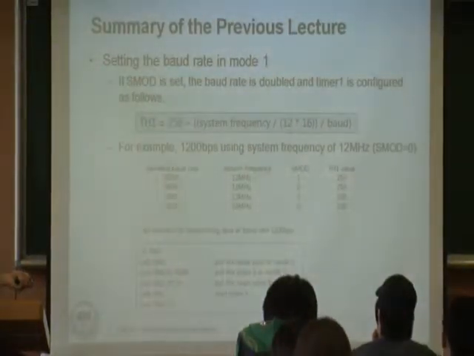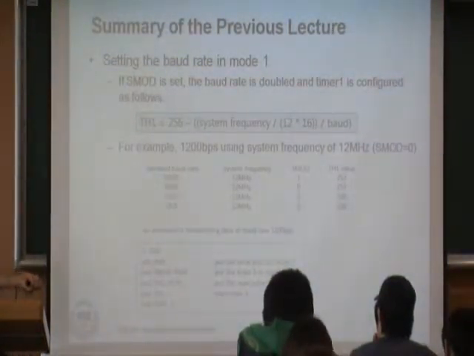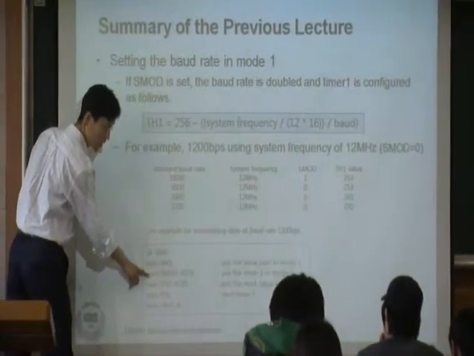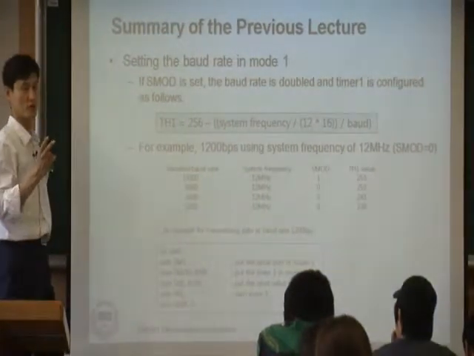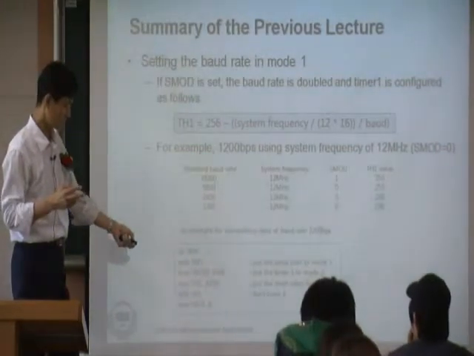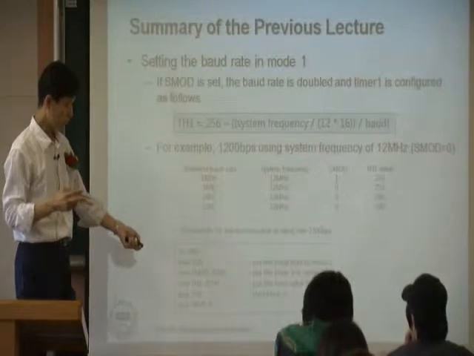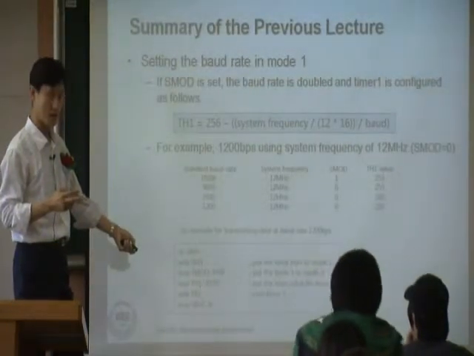T mode, I want to set it 20H. The first line sets the timer mode. I want to run the timer with mode 2. And the fourth instruction, TH1, 230, means I want to set the initial value for the timer.